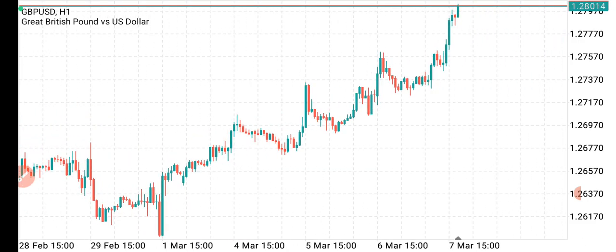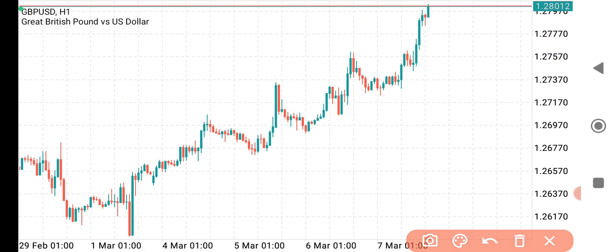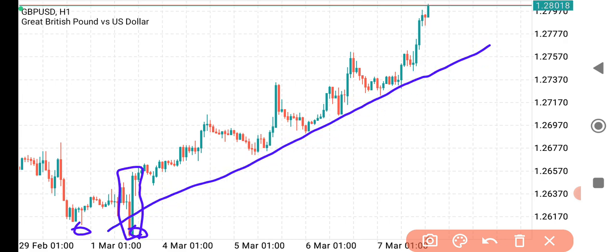You can see this is GBP USD. Remember, in our previous video we had a pattern. This is a double bottom. You see this engulfing candle, right? Then what do you do next? Next thing is you draw your trend line, and from this trend line you will notice how price will come back to it, give you another engulfing candlestick, another entry, come back, give you another engulfing candlestick, another entry.